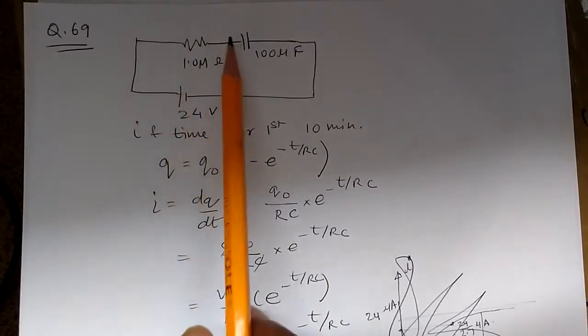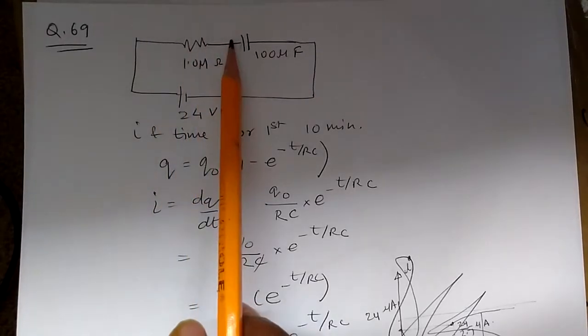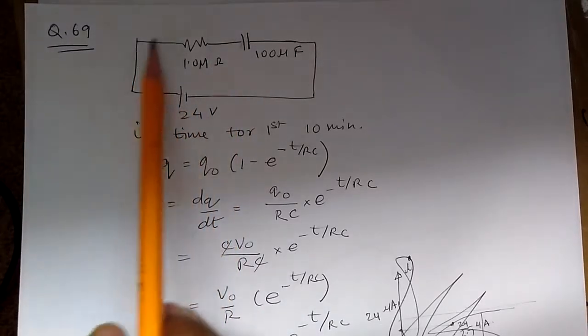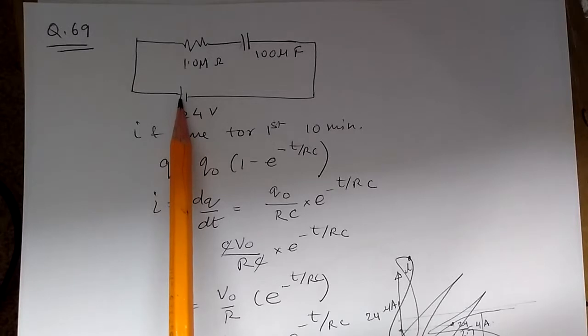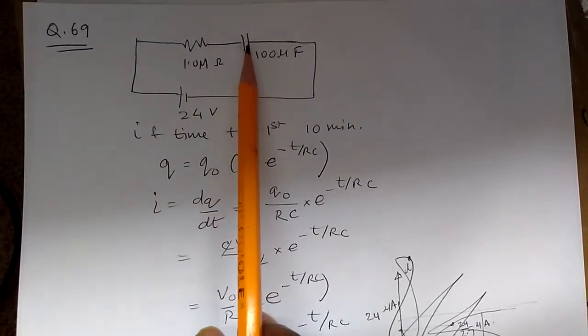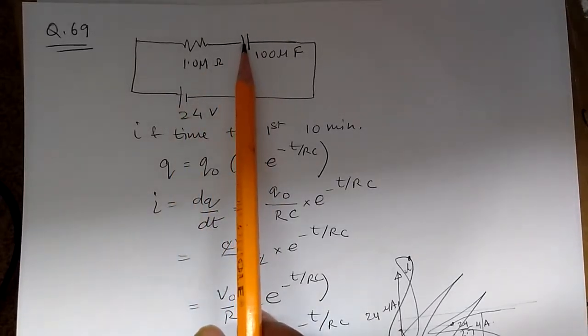Initially it was 24 volt. Later on it became only 20 volt. When the voltage across the resistor reduces, the current through this resistor reduces. As more time passes, the voltage across this capacitor increases even more. Let us say it is 14 volt.